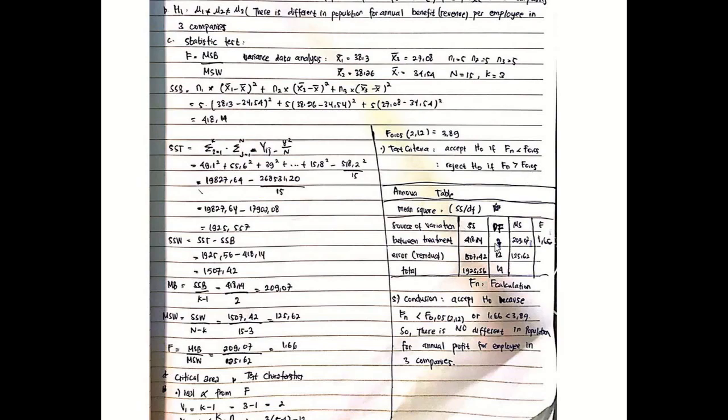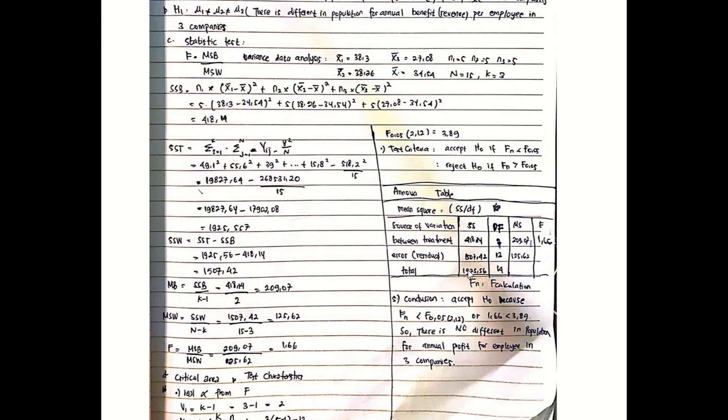So we get the ANOVA table: the source of variation, SS, df, MS, and F. For between treatments, SS is 418.14, df is 2, MS is 219.07, and F is 1.66.